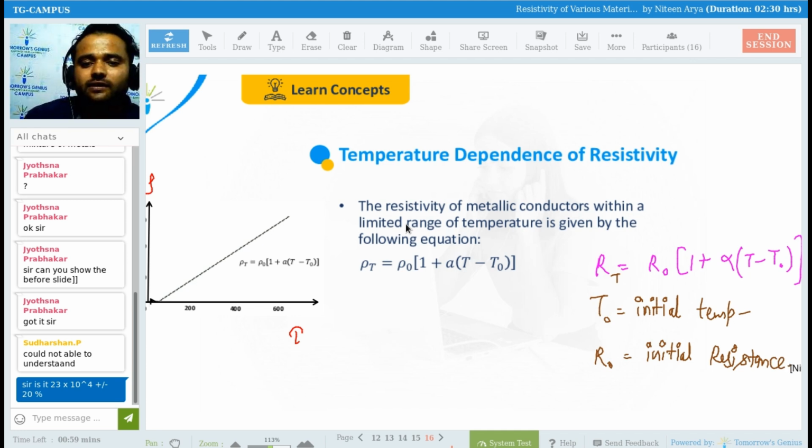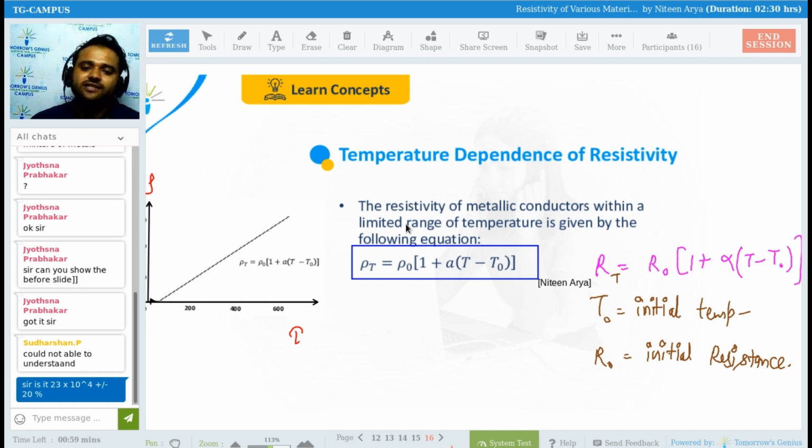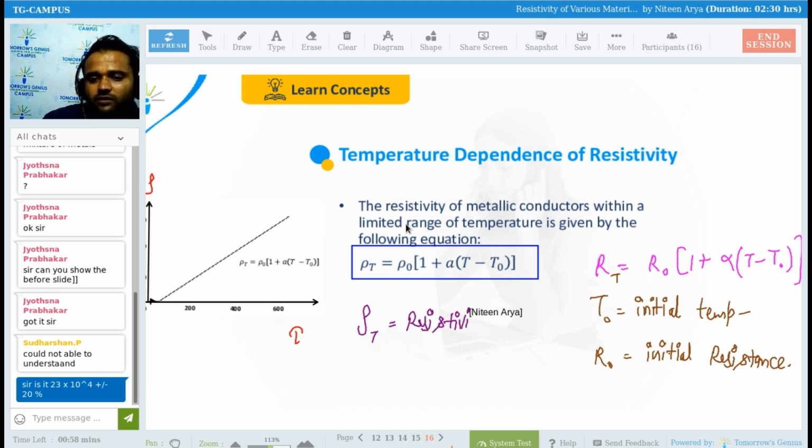In the same pattern, the resistivity is going to be rho of T, which is nothing but resistivity at a particular temperature. Let me write it down. Give me a minute, I'll tell you from where and how we get this.